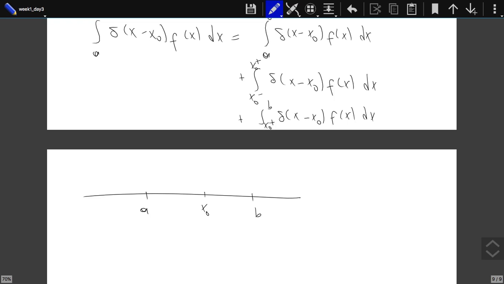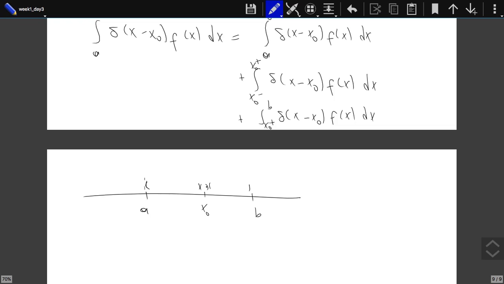So I'm dividing this interval into 3 regions. I start from this point, then go up to this point over here, and then from this point to that point, and from that point up to the point b. So those are my 3 different regions. I'm dividing my integral into these 3 regions. Well, x0 is the point that makes the argument of my Dirac delta equal to 0.